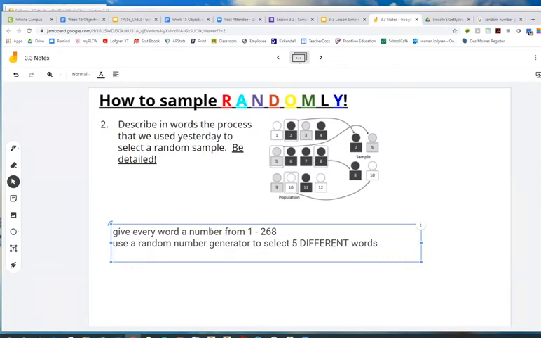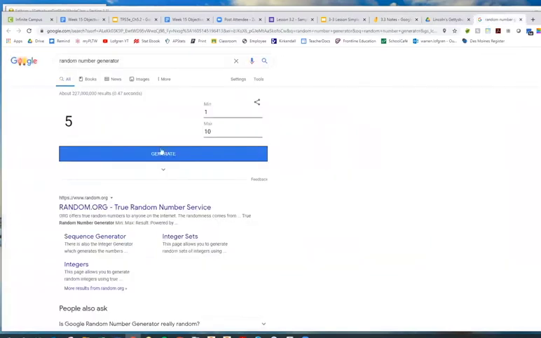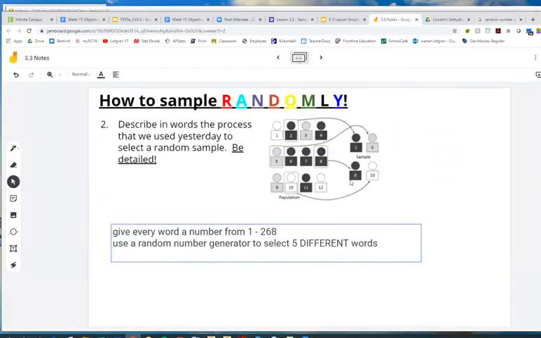If I go out to the random number generator and I set it to 268 max, and it gives me word 77, I could hit it a second time and word 77 could pop up again. Now, it's not likely to, and in fact, it didn't, but it could happen again. And I don't want to have the exact same word get repeated in my sample. So we got to make sure we have 5 different words.